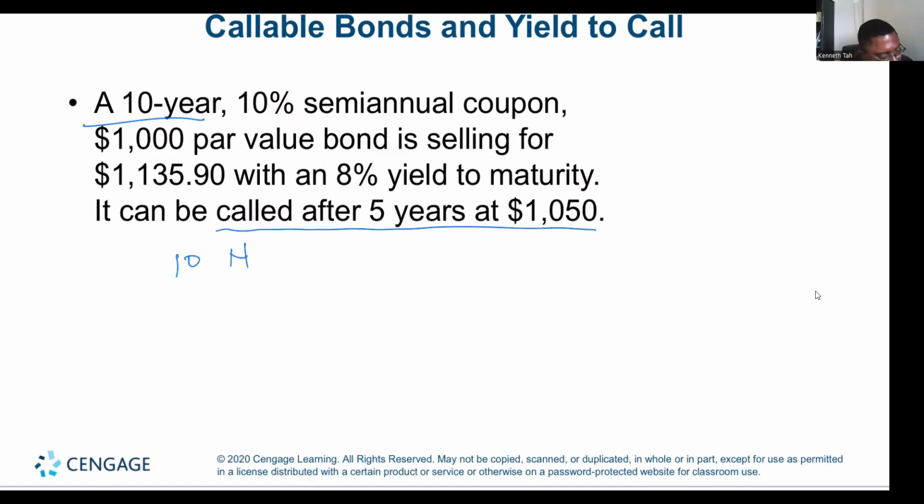And then we take the present value. The bond is currently selling for 1135.9. That is the present value.